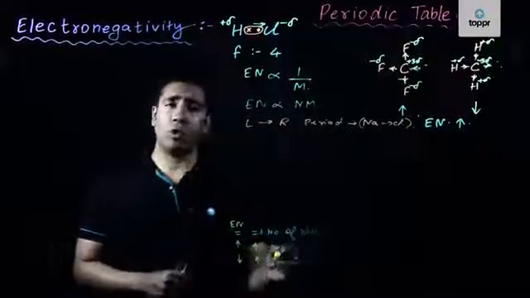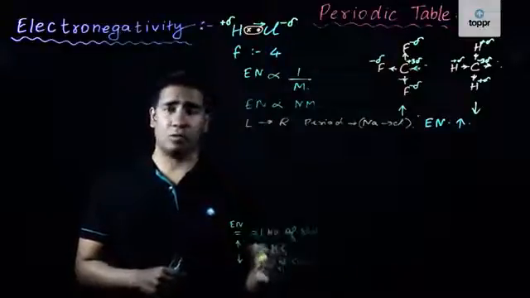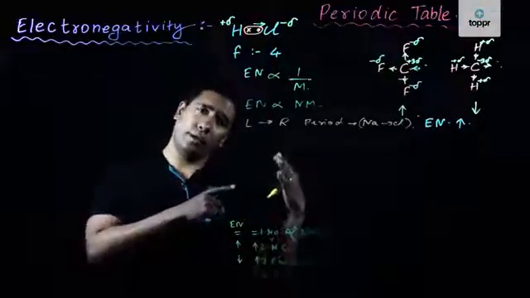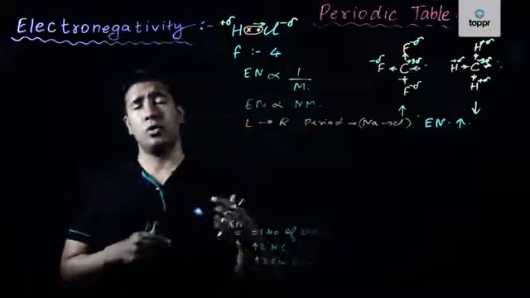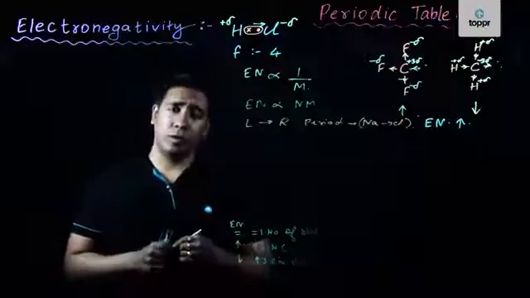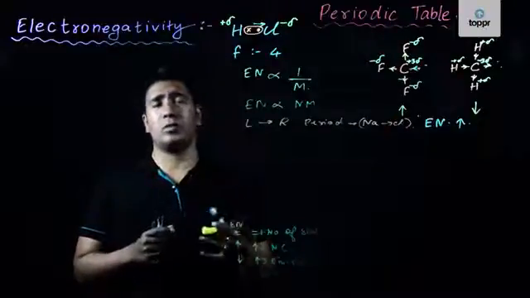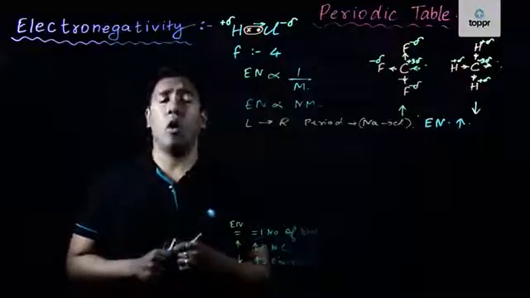In the case of electronic repulsion, a noble gas like argon has a huge amount of electronic repulsion inside it, due to which the electrons start spreading and the atomic size increases hugely in the case of noble gases.